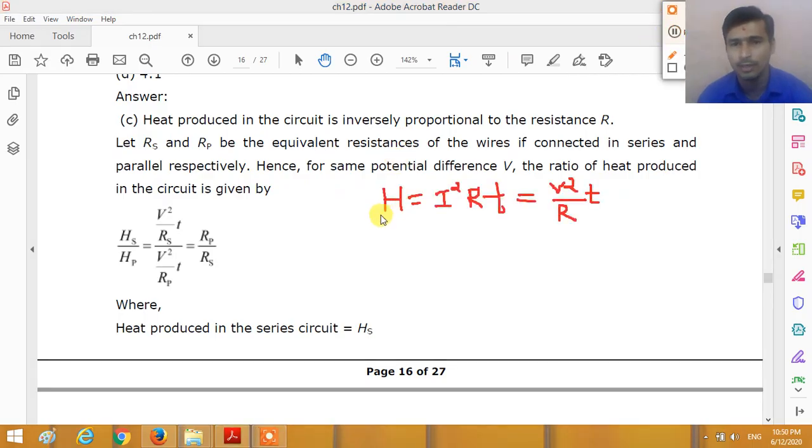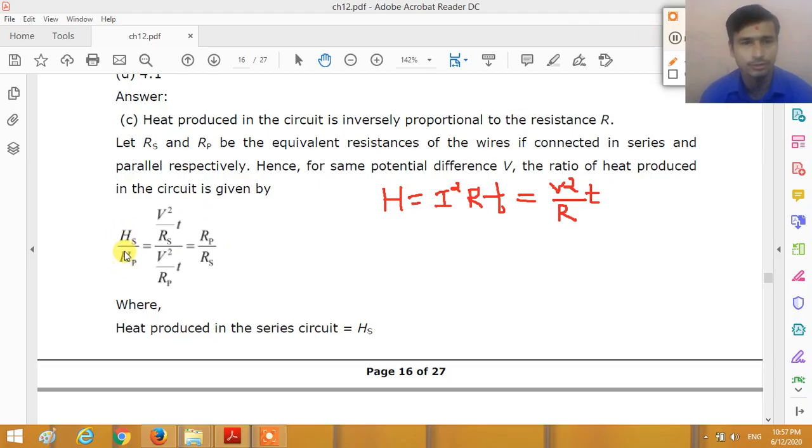Now, according to the formula of the heat produced in the circuit, H is equal to I square RT, or we can say V square by R into T. So when the resistors are connected in series, Hs is equal to V square by Rs into T, and when connected in parallel, Hp is equal to V square by Rp into T. So taking a ratio, we get Rp divided by Rs.